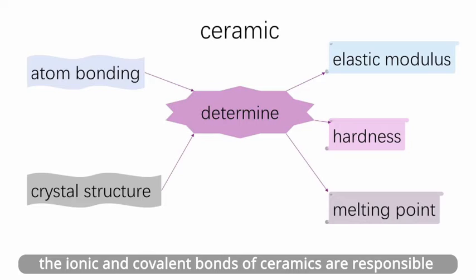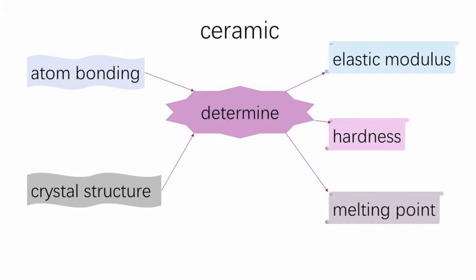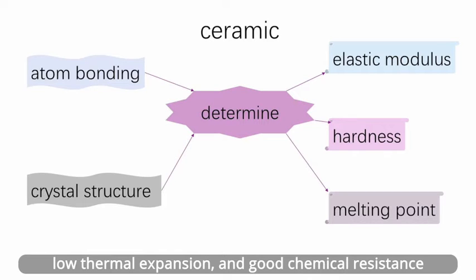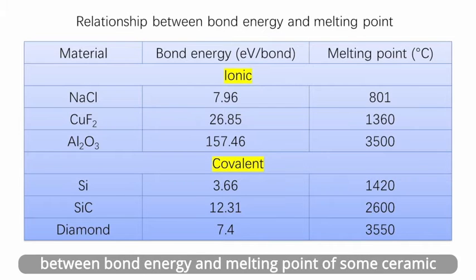The ionic and covalent bonds of ceramics are responsible for many unique properties of these materials, such as high hardness, high melting points, low thermal expansion, and good chemical resistance. From this table, we can see the relation between bond energy and melting point of some ceramics.